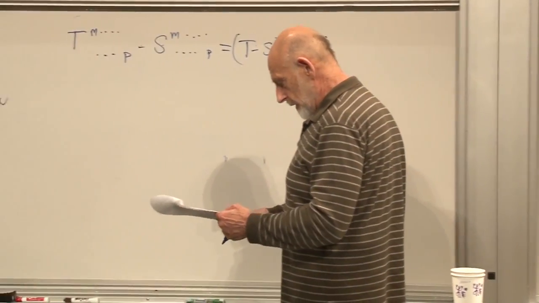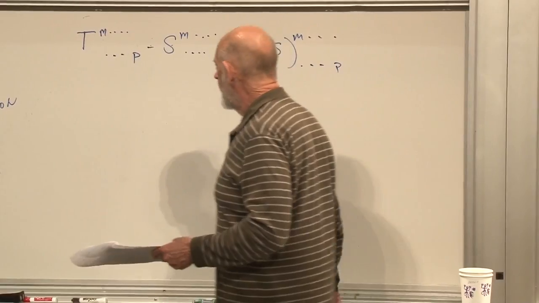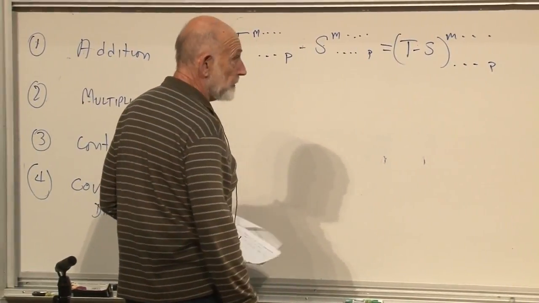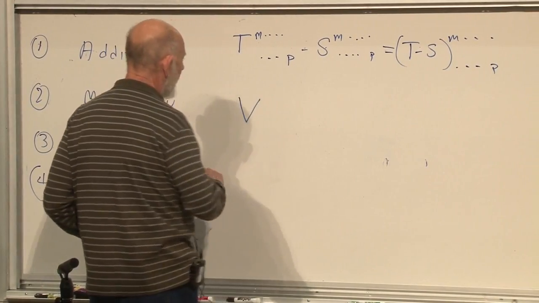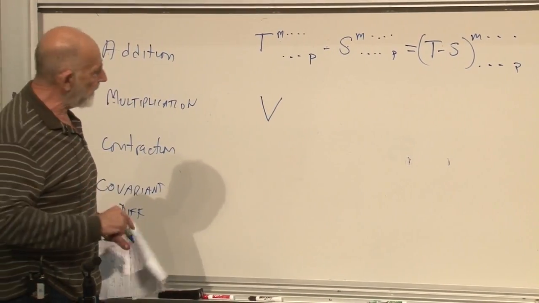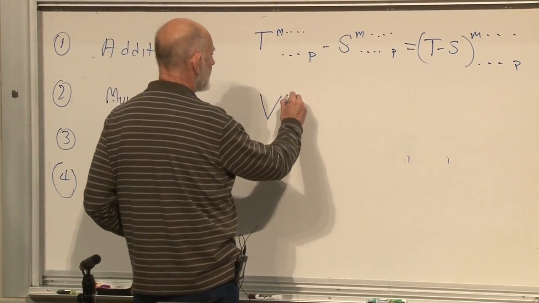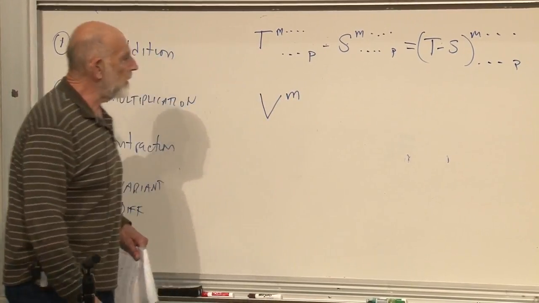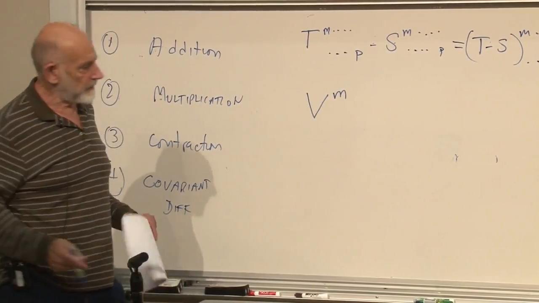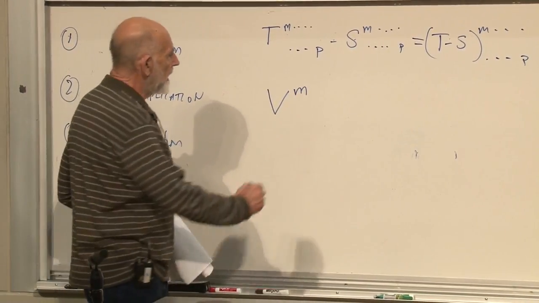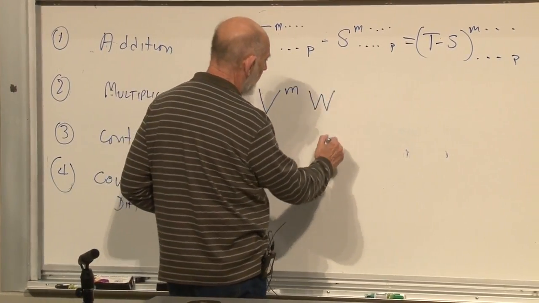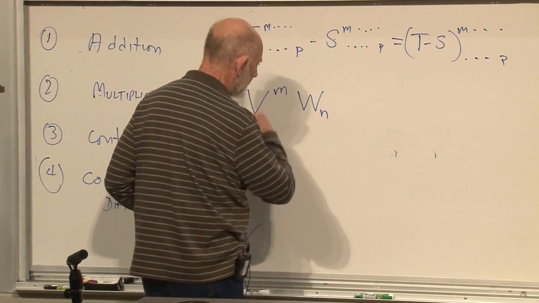Let me start with an example: multiplying two vectors. Supposing we have a vector with a contravariant index, and we multiply it by some other vector. To make life a little more complicated, let's multiply it by a vector with a covariant index.